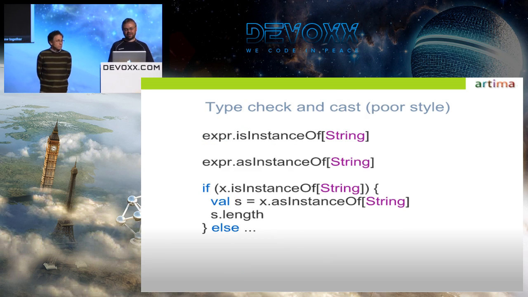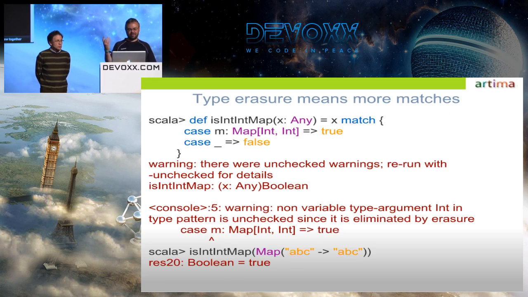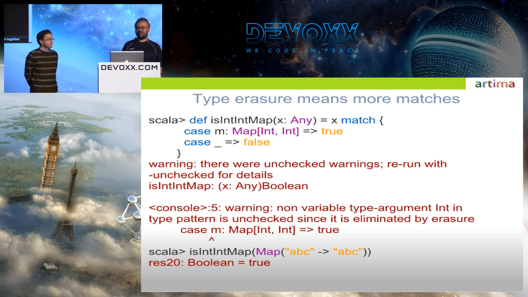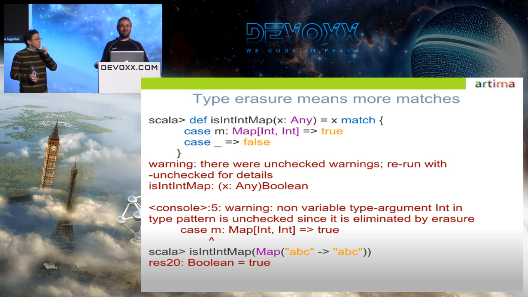That's just saying this is the poor version of type check and cast. One of the reasons it's a little verbose is to discourage it, and the encouraged way to do that is with a type pattern. Did you mention that if you do fill in the types, it means something different? If you say case m: Map[Int, Int] instead of Map[_, _], Scala is going to take this as you knowing that these things are both Ints.